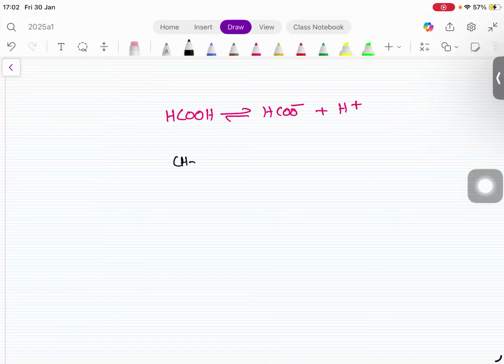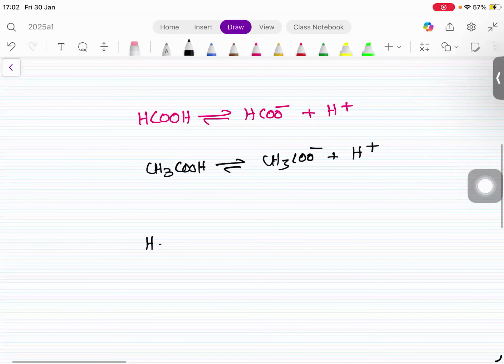Similarly, CH3COOH ionizes to give CH3COO negative plus H plus. So in both these cases, what is clear? That the OH bond has been broken. This is the bond that is going to break to turn it into ion.